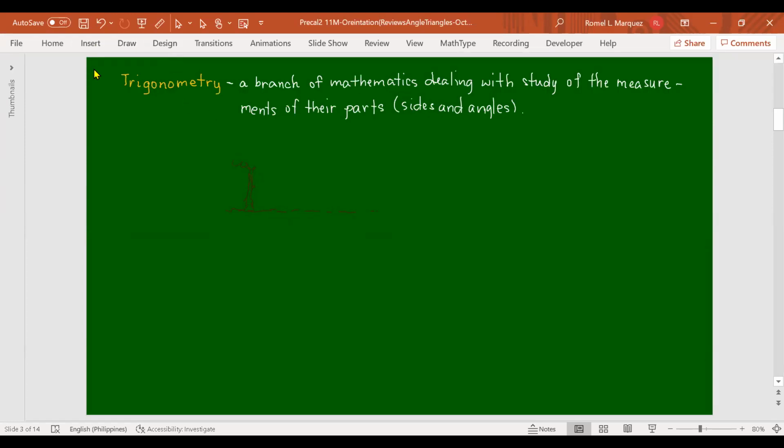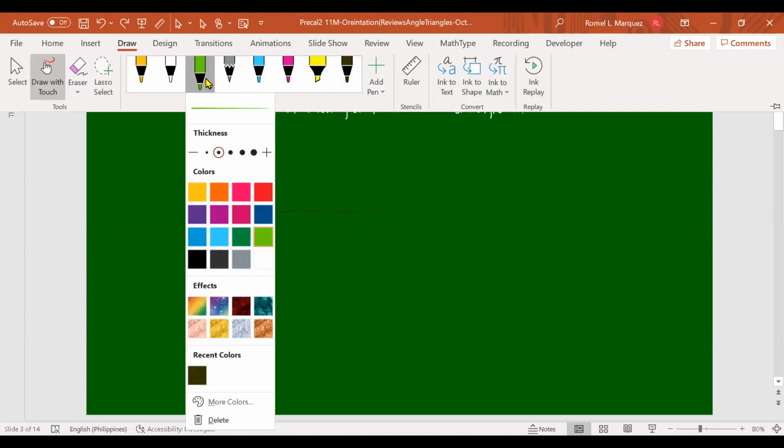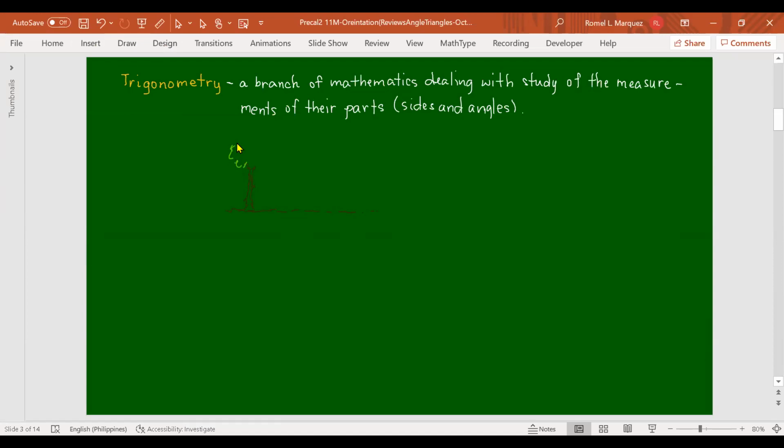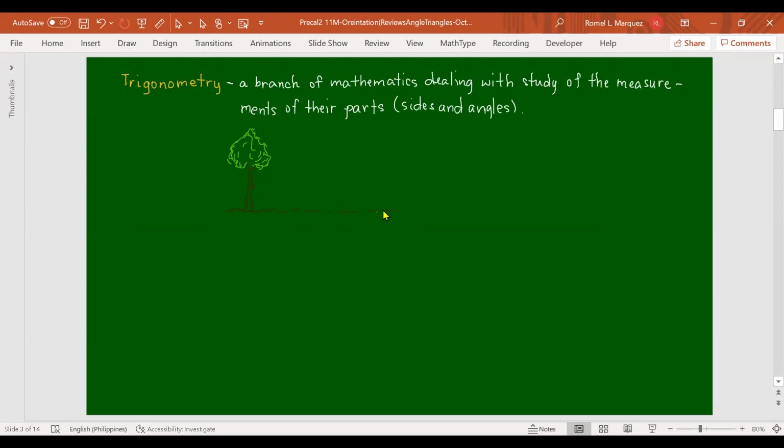So let's say we have this tree and I want to know the height of this with given info. Let's say relative to a point on the ground, somewhere here. So I will have an imaginary line from the top of the tree.